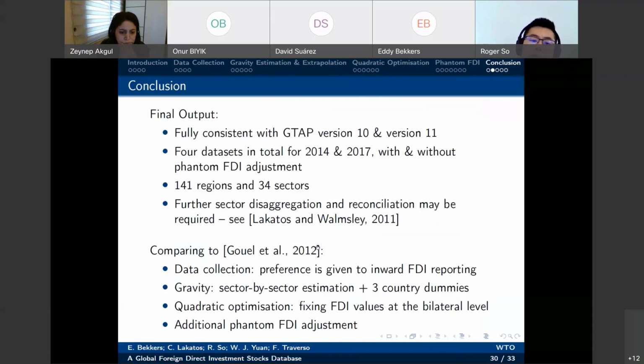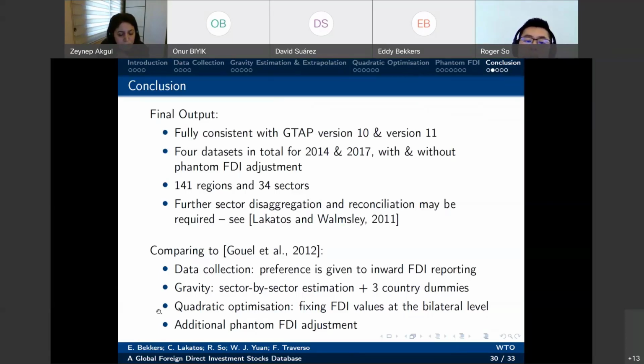And very quickly, the final thing is a summary of all the differences we took compared to the original approach. In the data collection section, we give heavy preference to inward FDI. During the gravity estimation, compared to the original approach, we adopted a sector-by-sector estimation, and we have 3 country dummies.